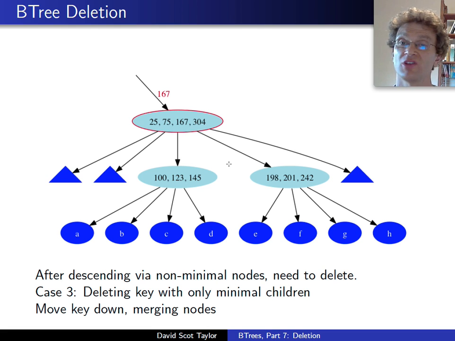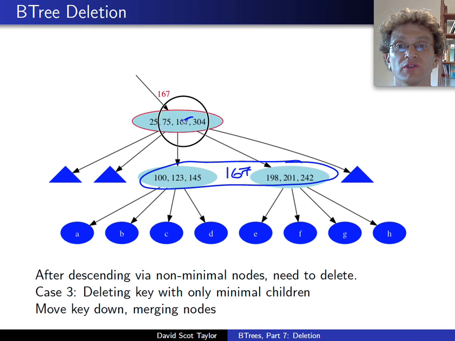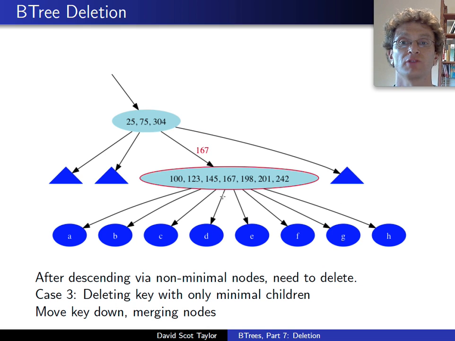Well, in that case, just like before, I'm going to take the 167 value, move it down in the tree, and merge these two nodes and turn these into one big thing. I'm going to take 167 out, get rid of both these, and make it a single link down here. And now, that's what I have.